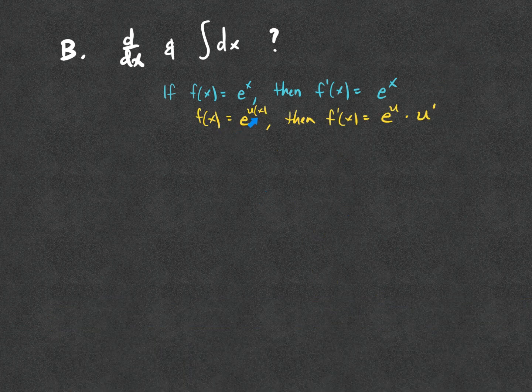And if e is raised to a differentiable function of x, then f prime of that function is again just e to the u, but then you have to use the chain rule times the derivative of u. Then of course the antiderivative is itself plus a constant. And what if the numerator is a differentiable function of x?